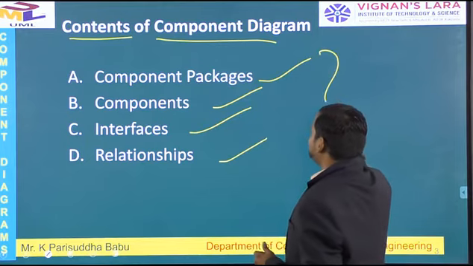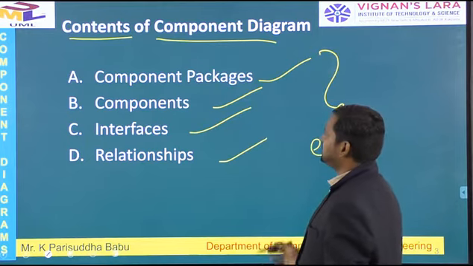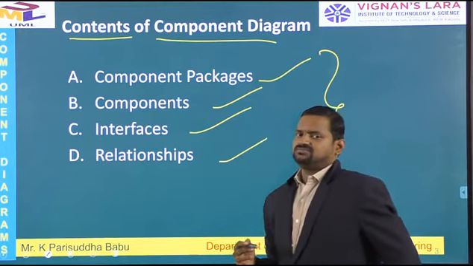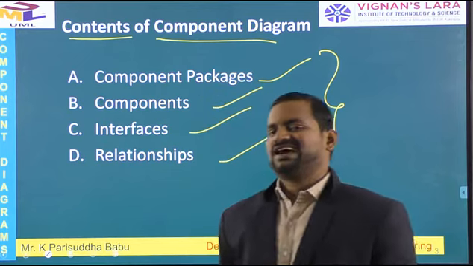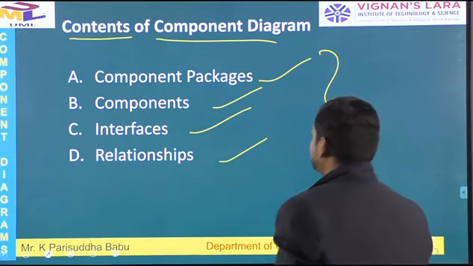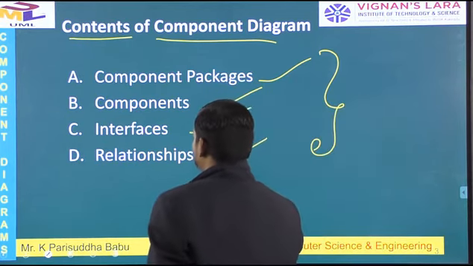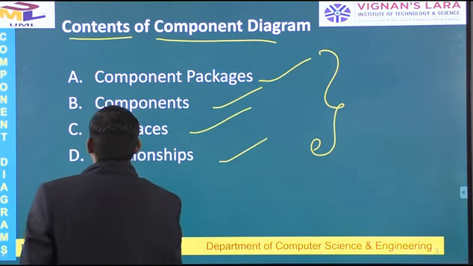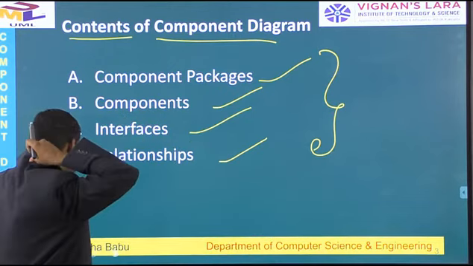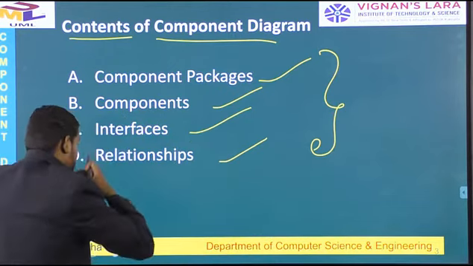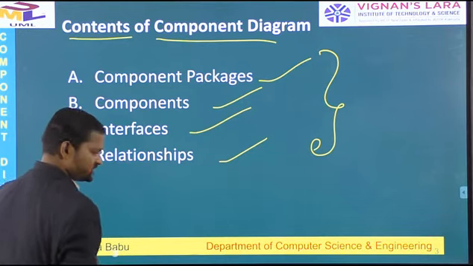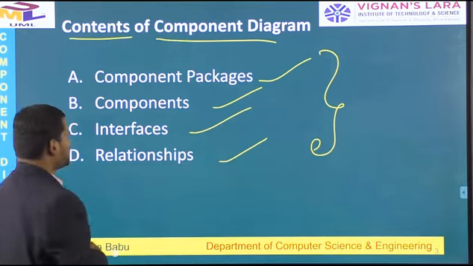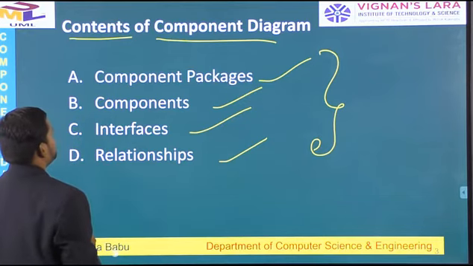With the help of the combination of these four, we have to draw the component diagram. Component packages, components, interfaces, and the relationships. Those we have to see now.